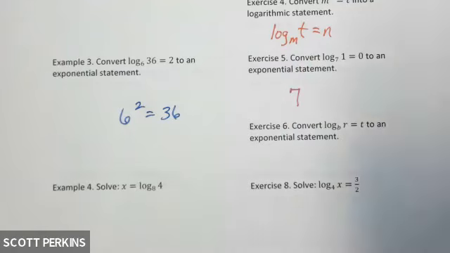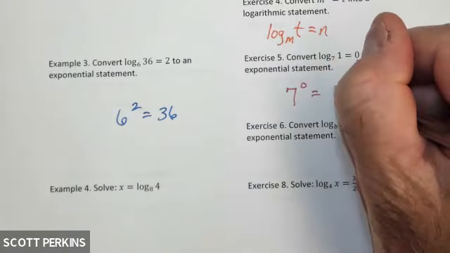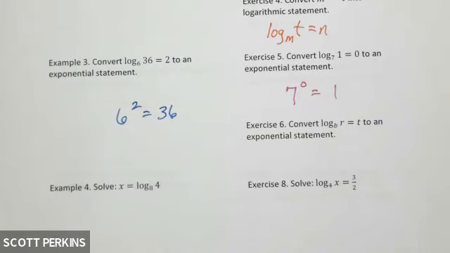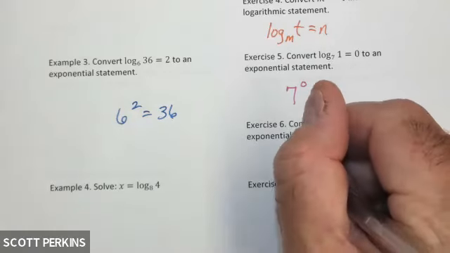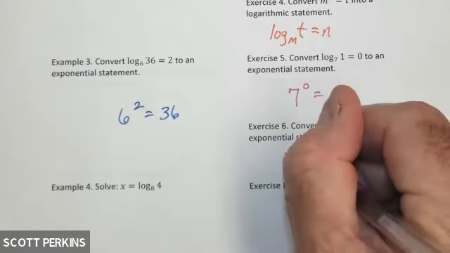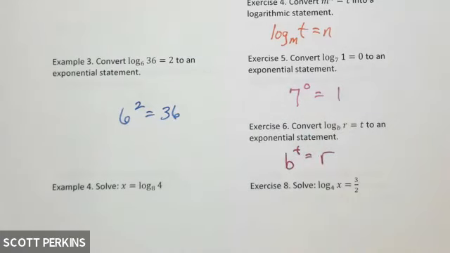What's the exponent? 0. And then the other number is 1. Fantastic. All right, one more of these. Exercise 6. What's the base of this? B. What's the exponent? Is equal to the other number, which is r. B to the t powers r.